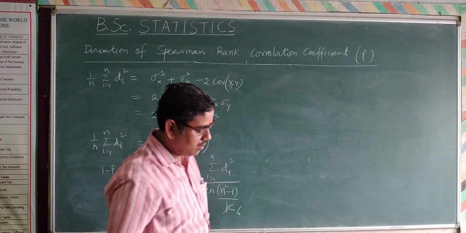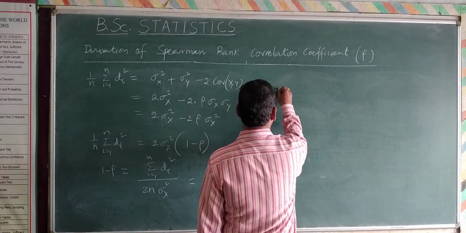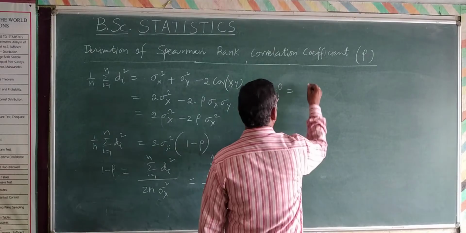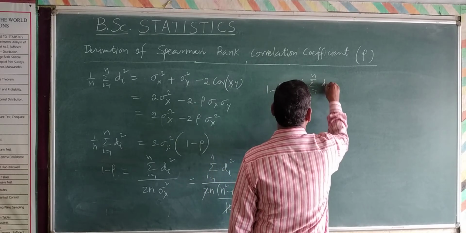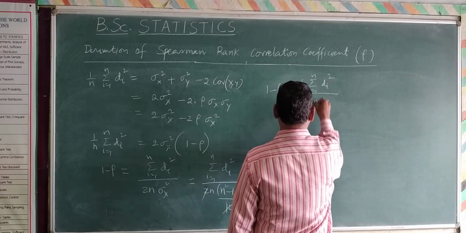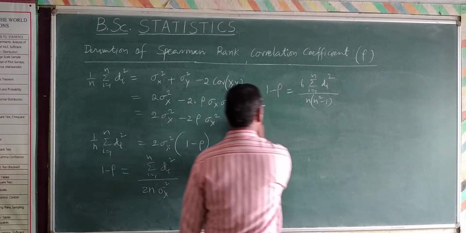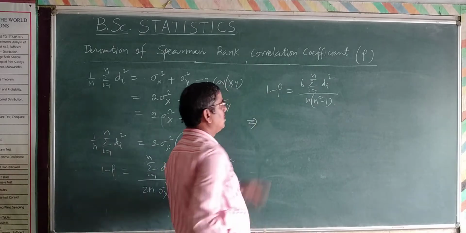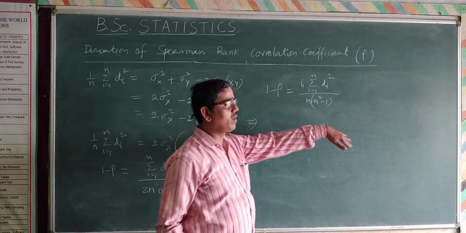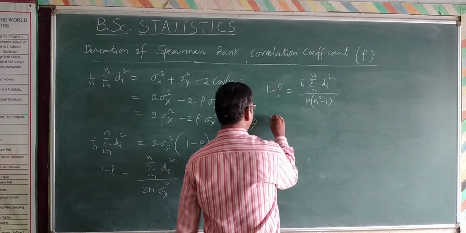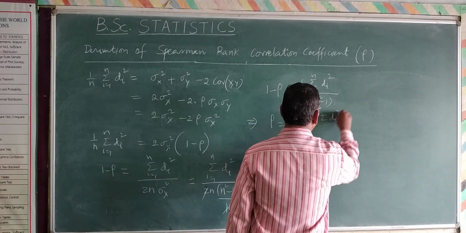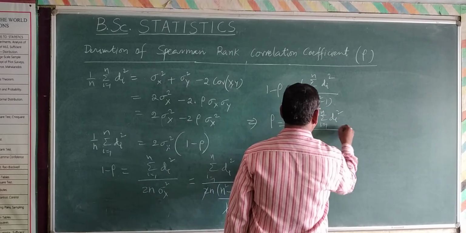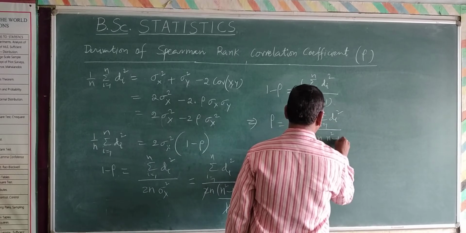So I write here, 1 minus rho is equal to 6 into summation i is equal to 1 to n di square divided by n into n square minus 1. Now I have to calculate the value of rho. I am taking the rho value to the right side, and this particular value to the left hand side. So rho is equal to 1 minus 6 into summation di square, i is equal to 1 to n, divided by n into n square minus 1.